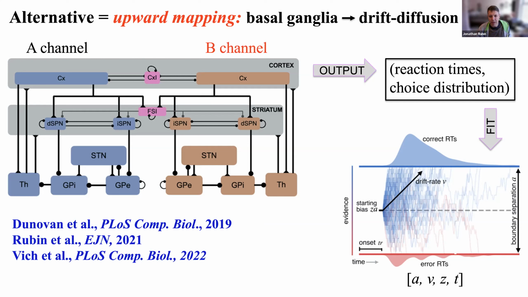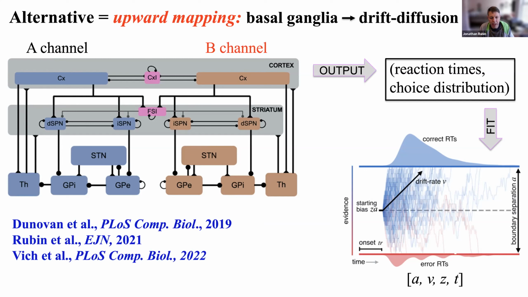Over many decisions, we get many reaction times, and then we get a choice distribution, whether we've chosen A or B. Then for the upward mapping, we can think of those outputs as data, and figure out what DDM parameters best fit this data, because the DDM as well will produce a reaction time distribution and choice distribution depending on what parameters we give it.